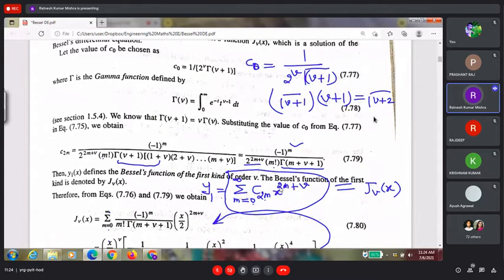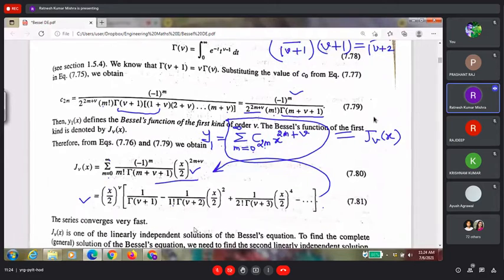Or we can put them together. It is not necessary to write it outside, because this is 2 to the power 2m plus v in the denominator and x to the power 2m plus v in the numerator. So we can write (x by 2) to the power 2m plus v, and the rest of C2m as minus 1 to the power m over factorial m and gamma m plus v plus 1. If you expand this, you will get this one.